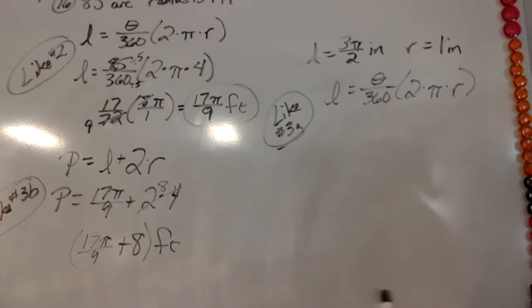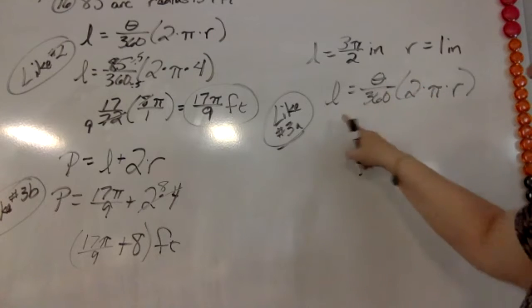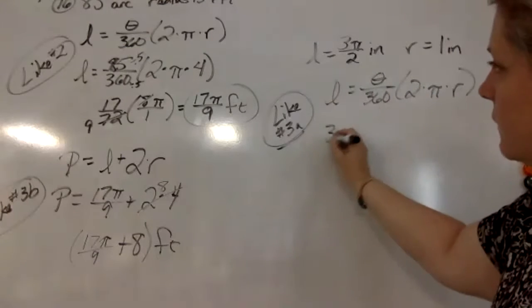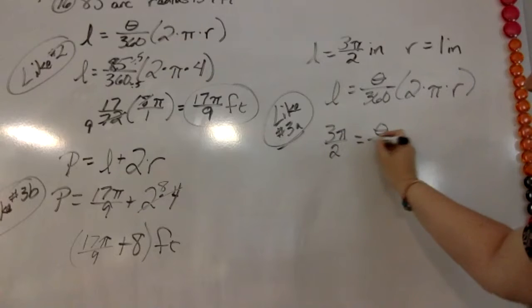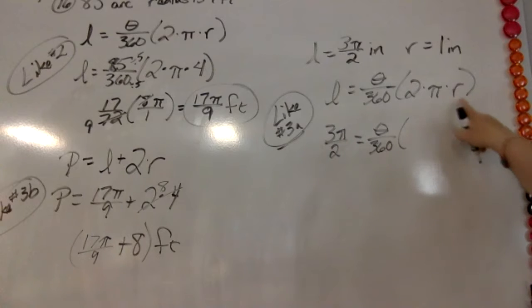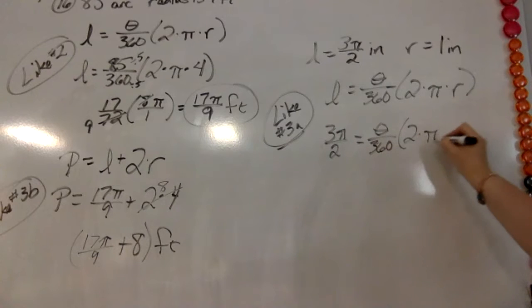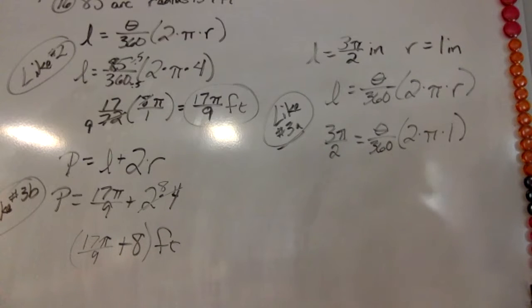This time, however, I'm trying to find the arc or the angle measure, which is what you're doing on 3A. So my length goes in here, so I have 3 pi over 2 is equal to theta over 360 times 2 times pi times my radius, which was 1. So now I have to start trying to simplify.